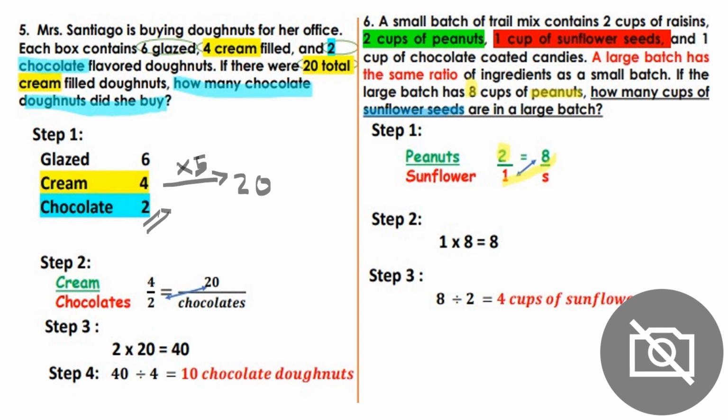The same way chocolate, multiply by 5, you will get 10. You see, 10 chocolate. Otherwise, just like this, do cross multiplication. 2 over 20: 2 multiplied by 20 is 40, then divided by 4, 10. Whichever is easy, that method you can use.